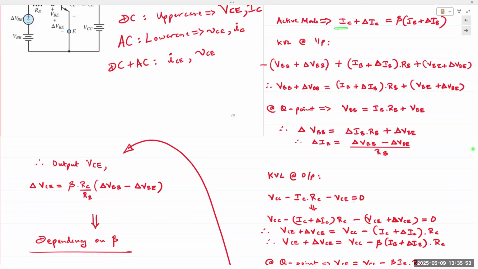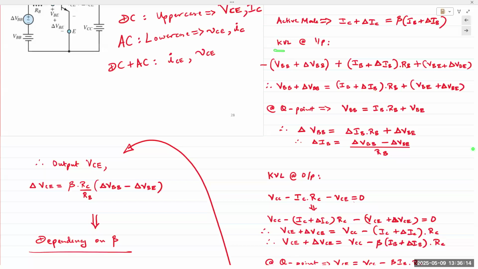And that would mean that the collector current IC would be a function of IB. So IC is beta times IB. So IC plus delta IC, meaning the AC and DC components, would be amplified by a factor of beta, both DC and AC.